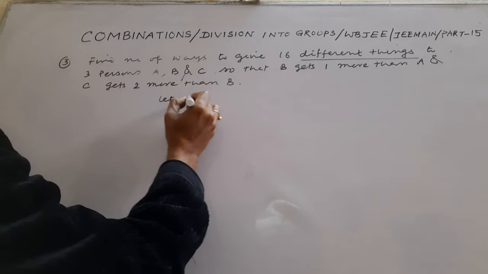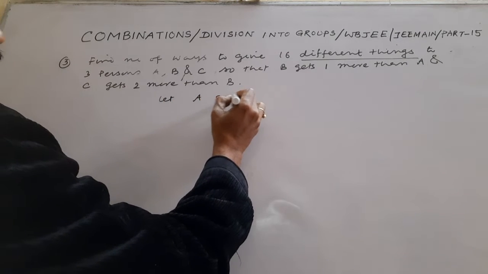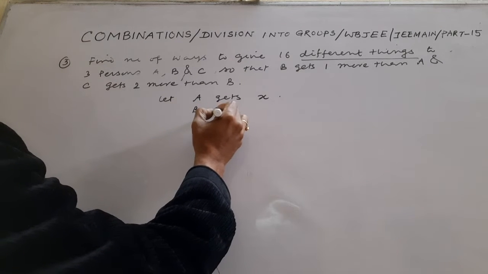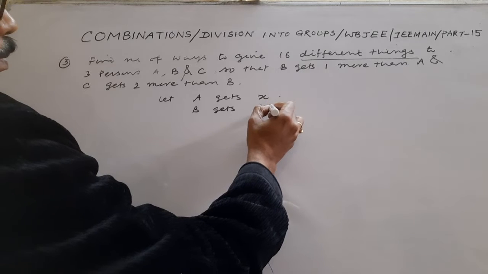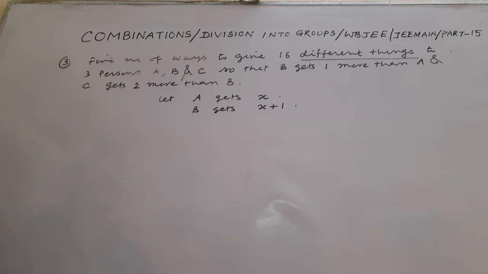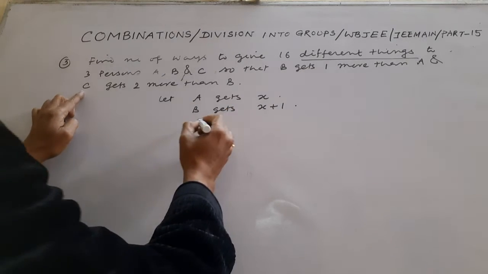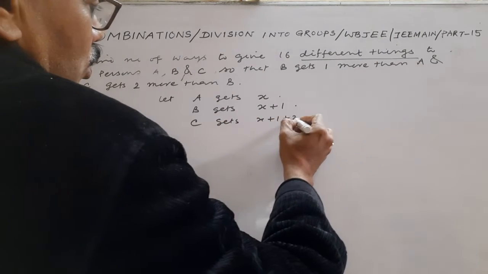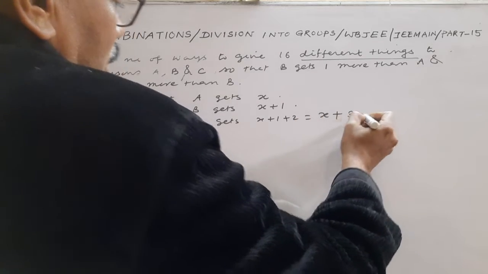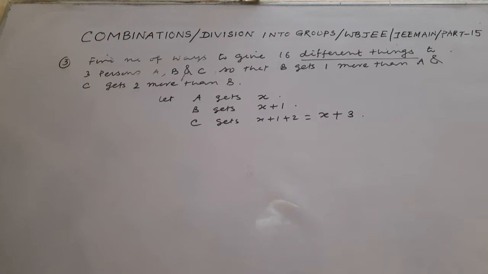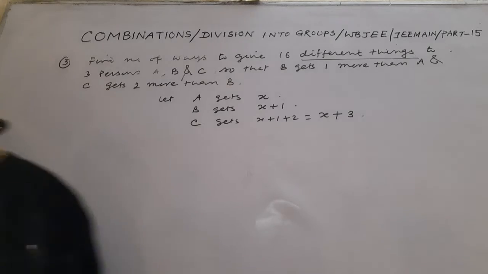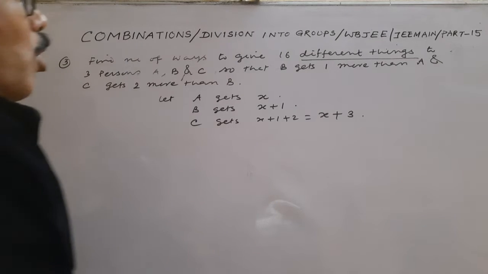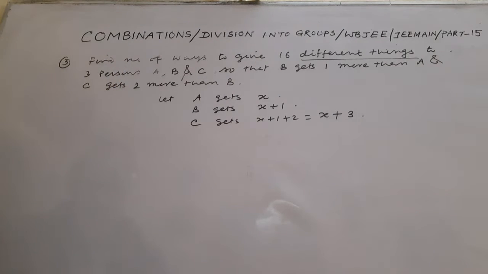Let A get x. So B gets x plus 1. And C gets 2 more than B, so C gets x plus 1 plus 2, so x plus 3. And the total number of things is 16. So forming an equation, find the value of x.